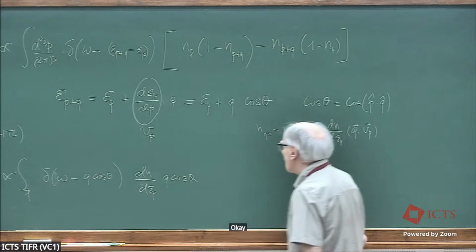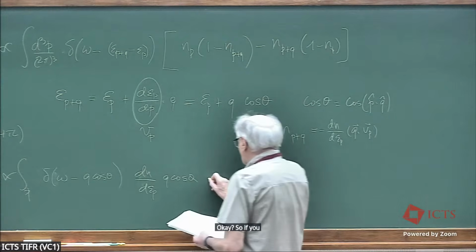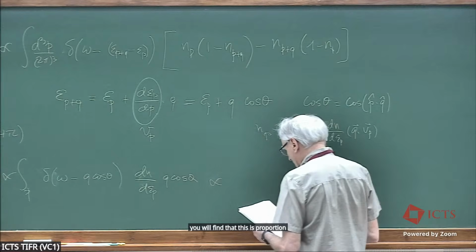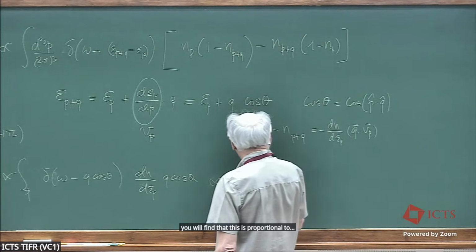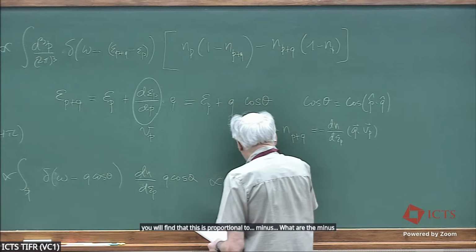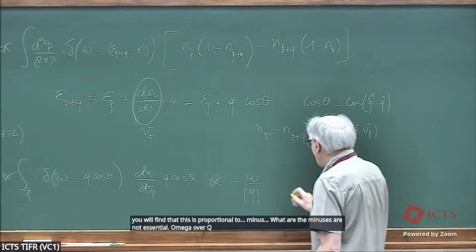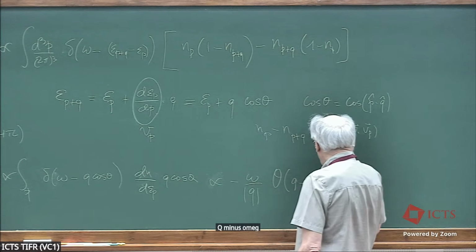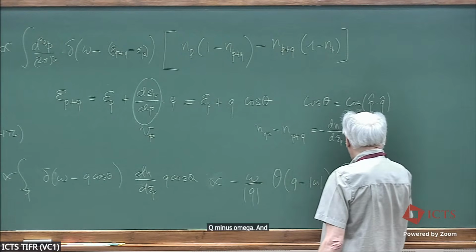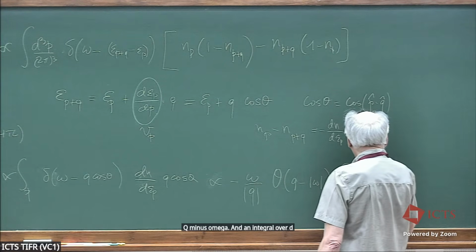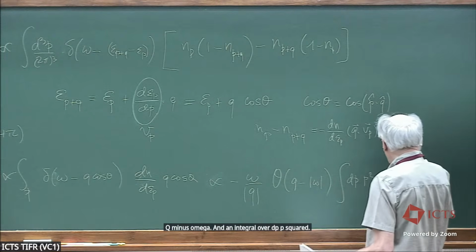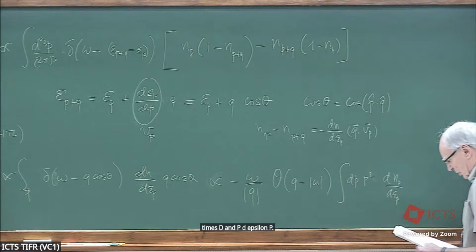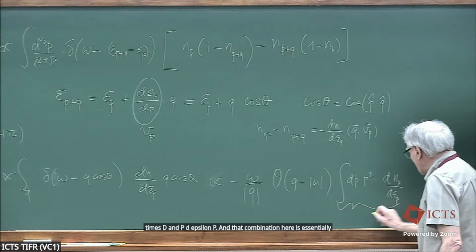So if you work out this integral, you will find that this is proportional to minus, well, the minus is not essential, omega over the modulus of q, theta of q minus omega, and an integral over dp p squared times dn/d epsilon_p. That combination here is essentially the Debye mass squared.